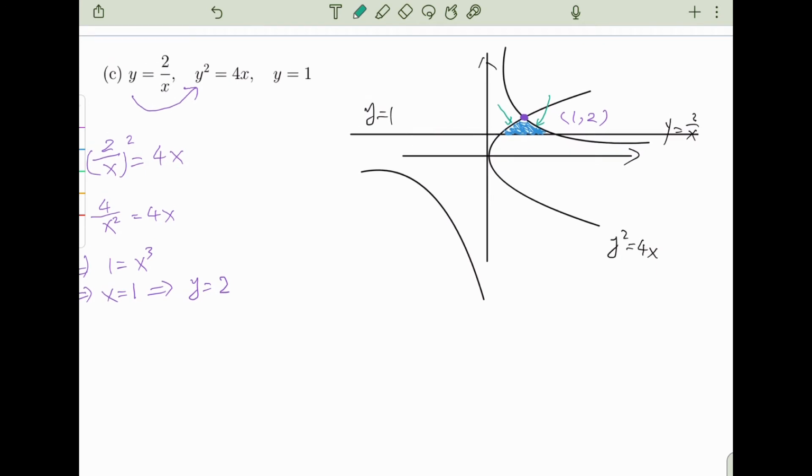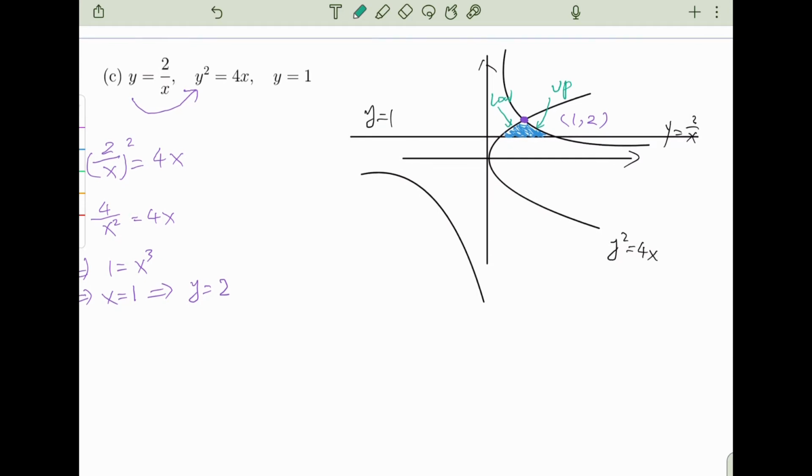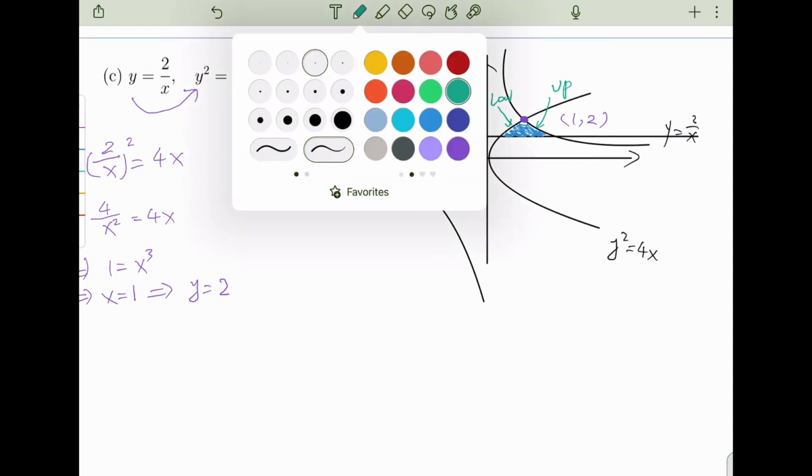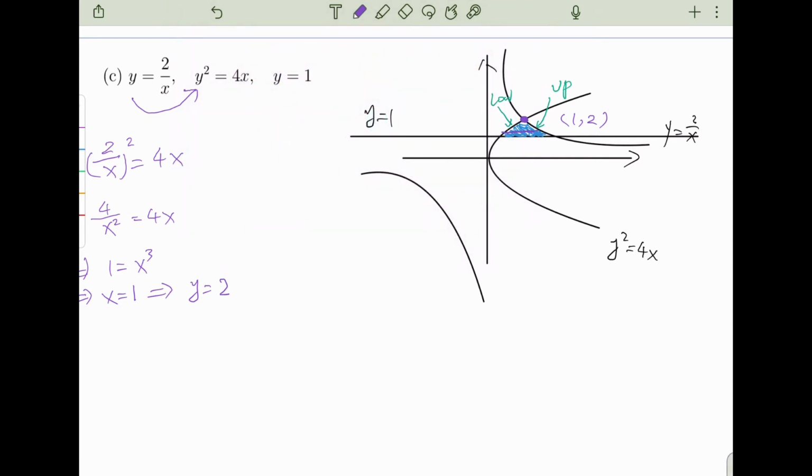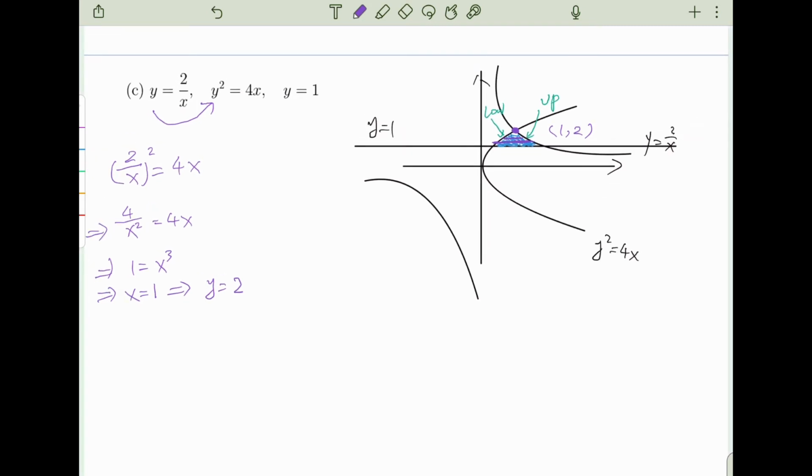For that, we need to figure out which one is the upper bound and which one is the lower bound. In this case, the upper bound will be this one, and this one is the lower bound. Because it's in terms of y, it's like scanning with horizontal strips like that.